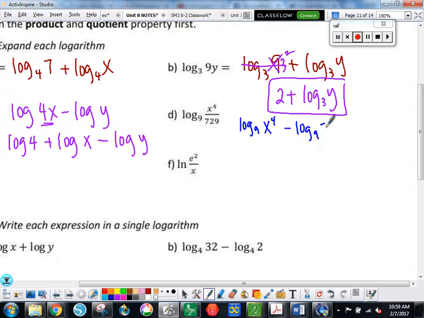I don't know what 729 is, but I'm guessing it might have something to do with the 9. So, is it 9 cubed? Okay. So, a couple things will happen here. Let's take this 4, bring it out front. We've got 4 times log base 9 of x minus, we were told this is 9 to the third. So minus what? Those cancel, minus 3.